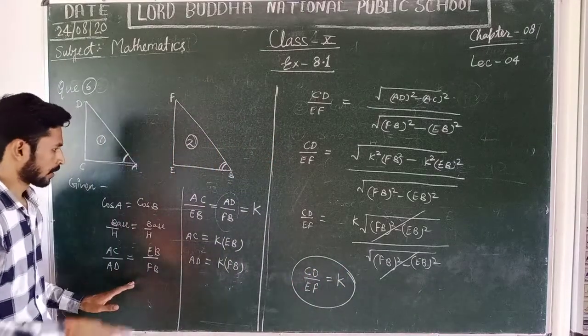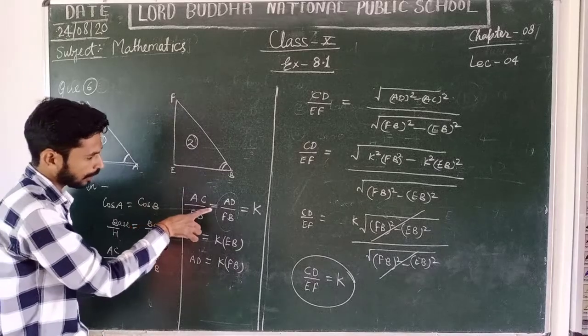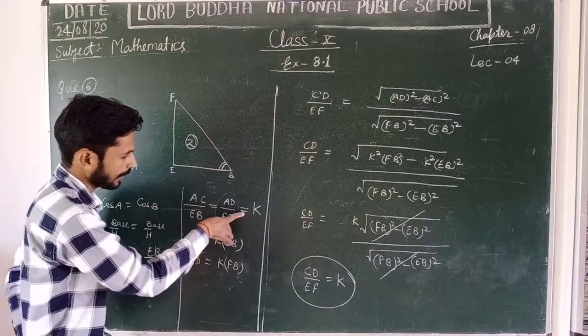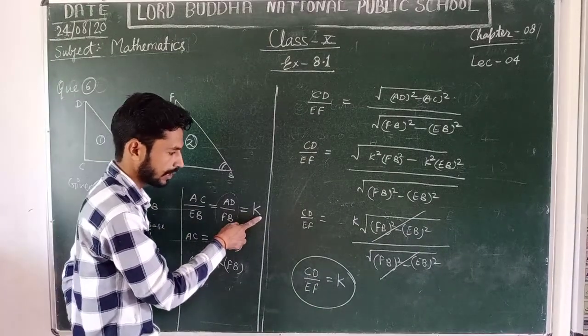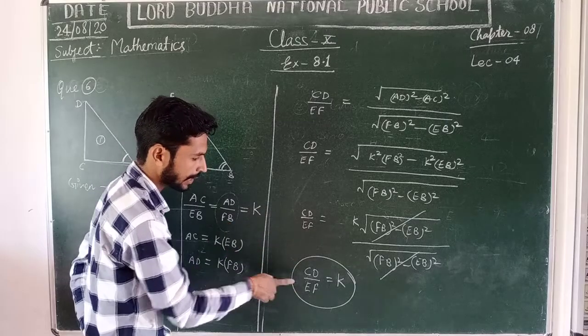From here AC upon EB equals AD upon FB equals K, and this is also K, equal to CD upon EF.